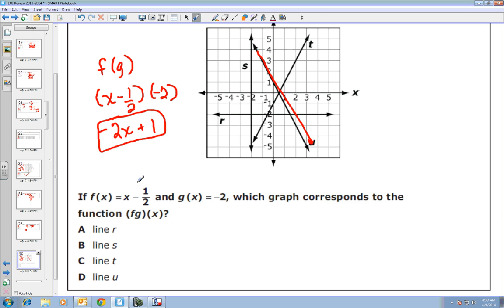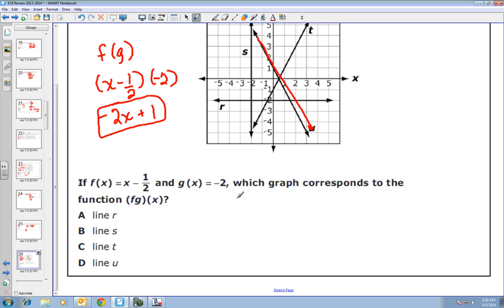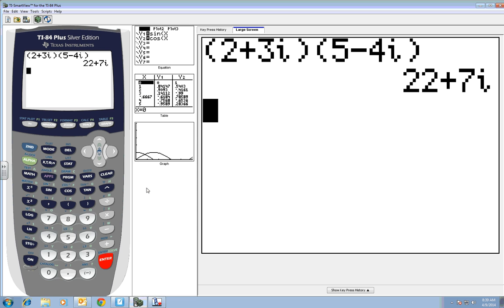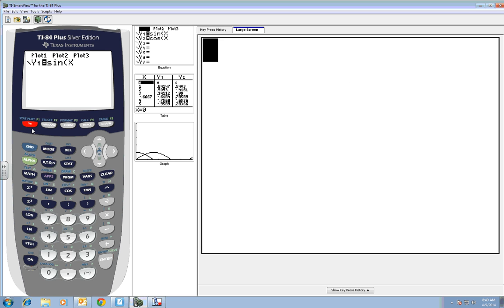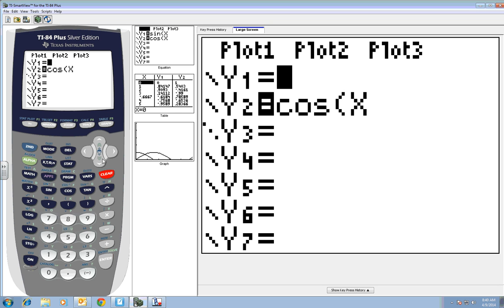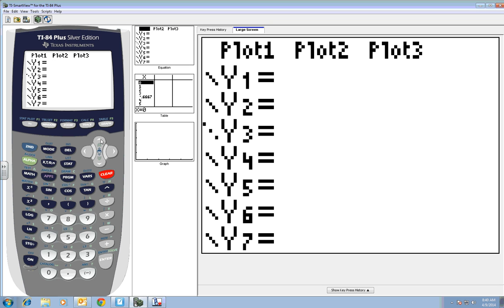If you put it in your calculator to graph, it would have to be this equation. Or this times this in your y equals? Yes. So James said, could I have put x minus 1/2 times -2 in my calculator in my y equals and graphed it? Yes. Okay, I'm going to show you what that looks like just in case you've forgotten. I hit my y equals. I'm going to clear anything out that's in there. So parenthesis, -1/2, so I'm going to put -0.5. What was it?